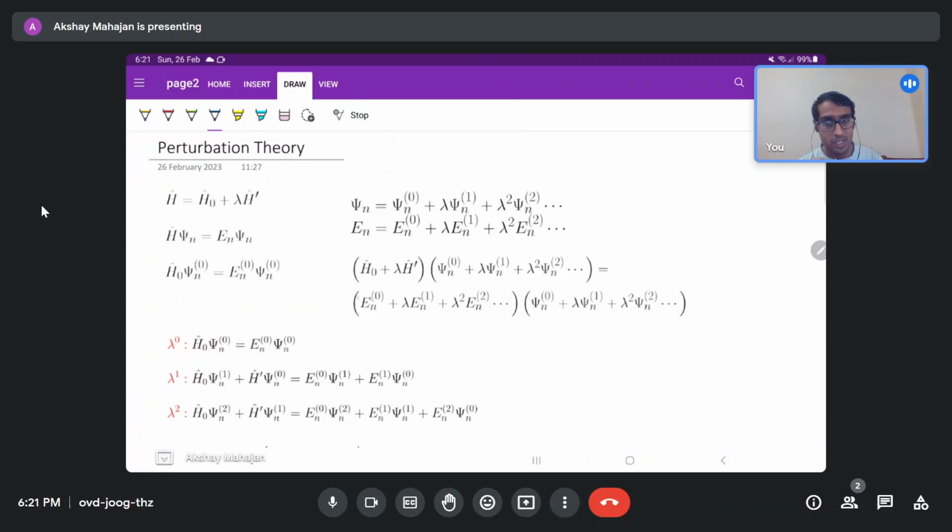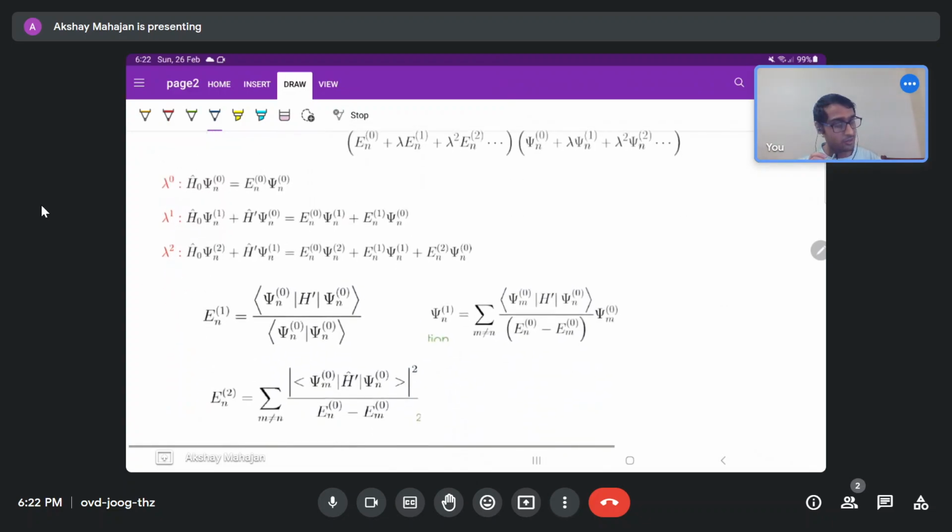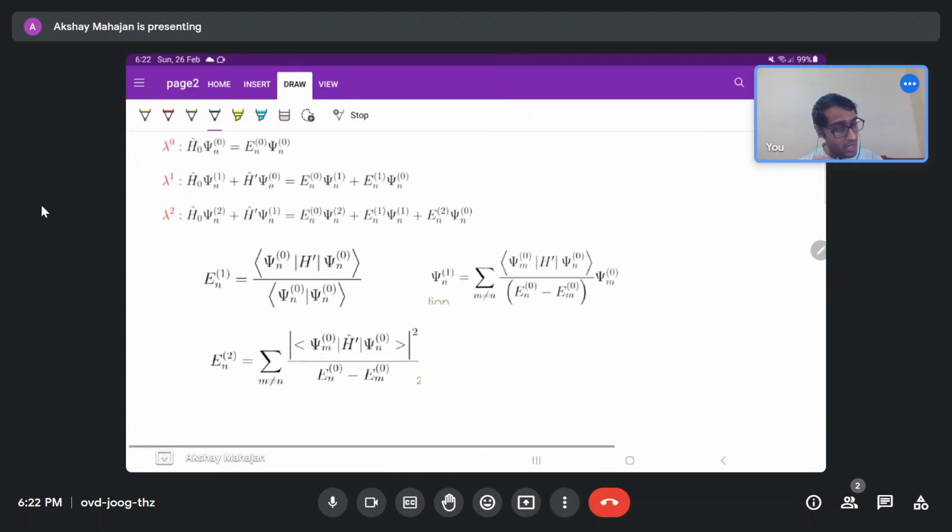Then we put them in our equation, which is H cap psi n equals E n psi n. So you put your Hamiltonian H cap naught plus lambda times H prime here, and your psi n formula and all, and then we compare the lambda terms of equal powers in the equation, and from there we get these three equations, and as has been derived in the class, we can find this energy correction value.